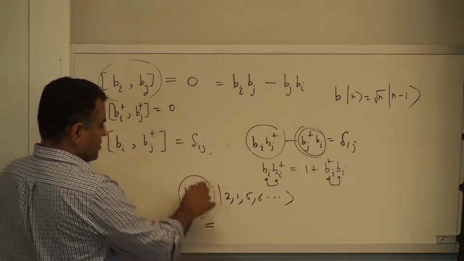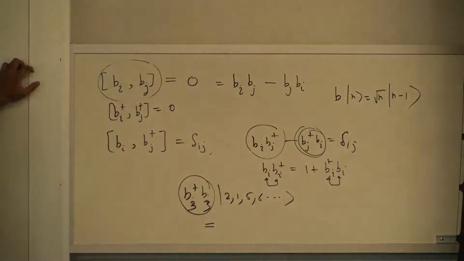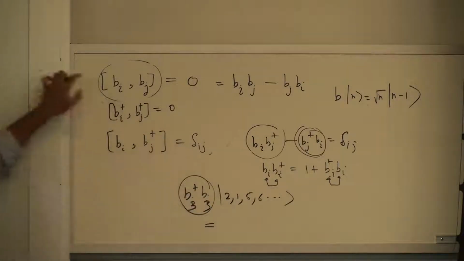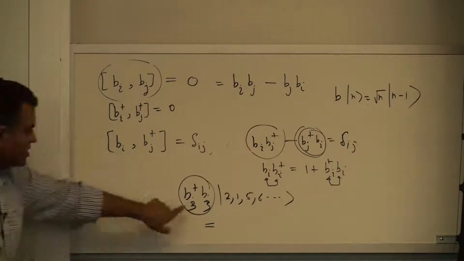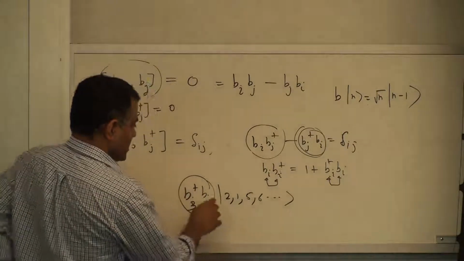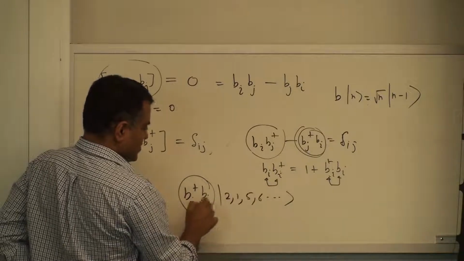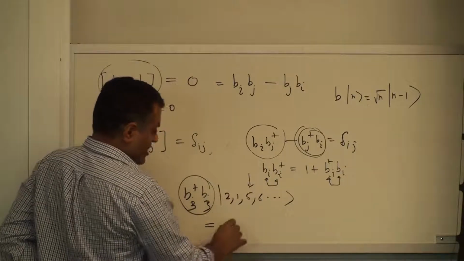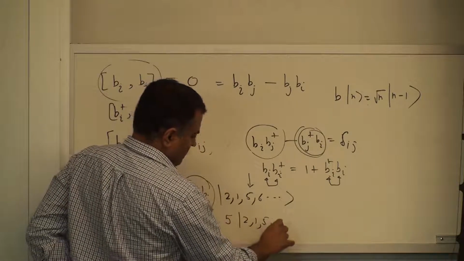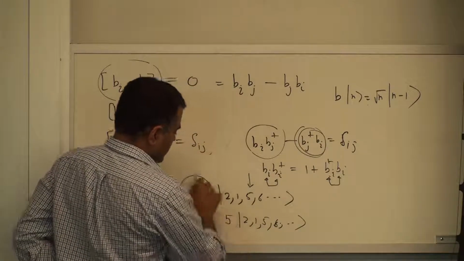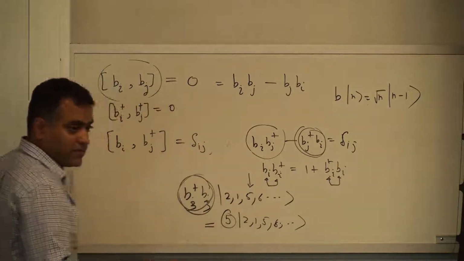So remember, this combination, B† B, is the number operator. You can actually apply it and see what you get. You will get the number. So see, this is the third orbital, so it's going to act on this. And the claim is it's going to give you 5 times the state, 6 and so on. The eigenvalue of this operator is the number 5.